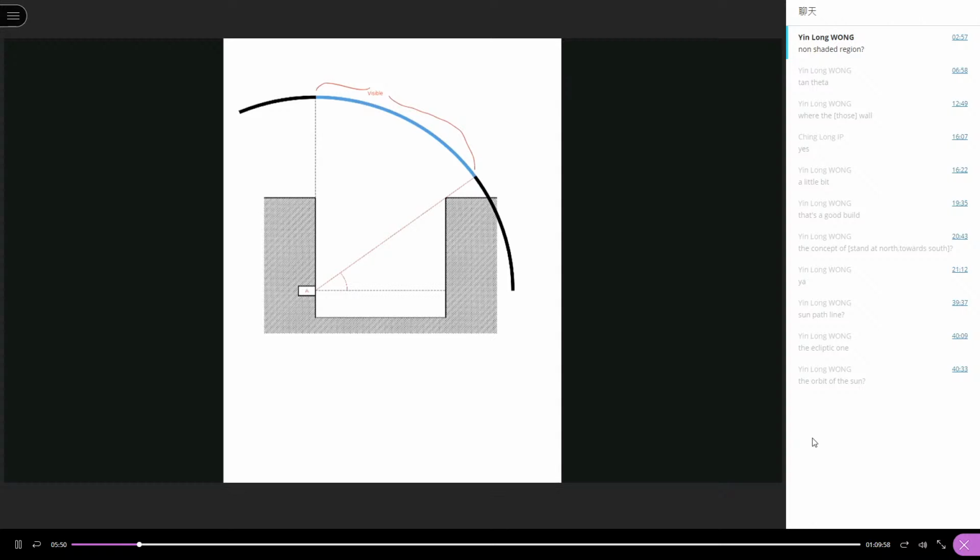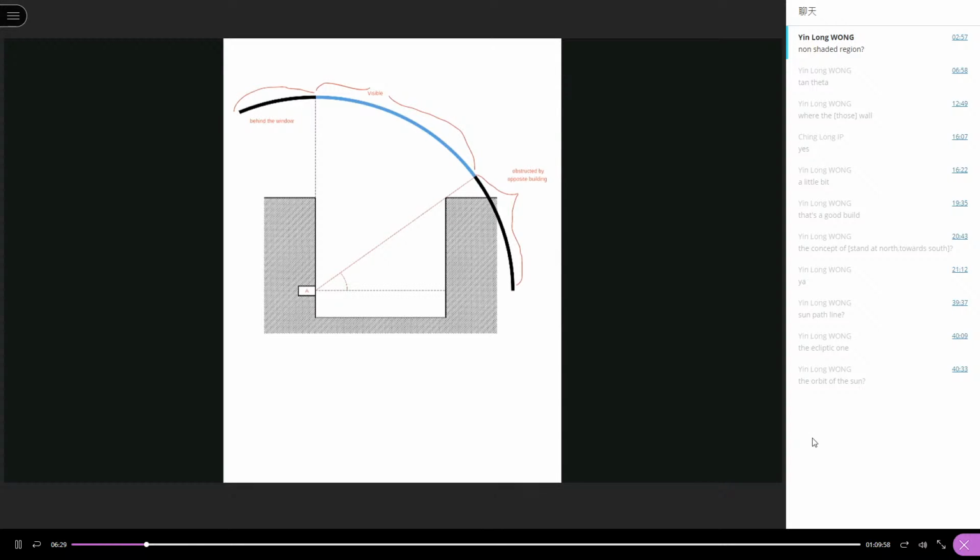For this part, it is behind the window. And this part of the sky is obstructed by the opposite building. So only this blue part is visible to flat A, right?